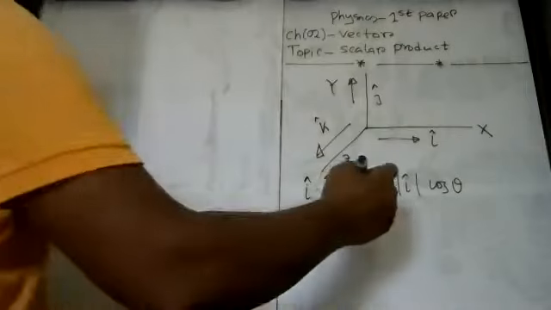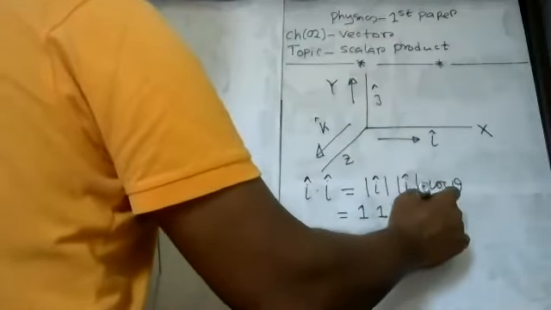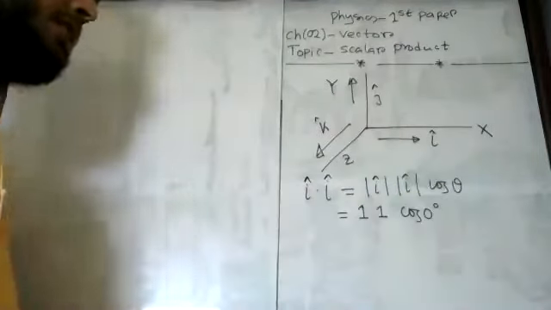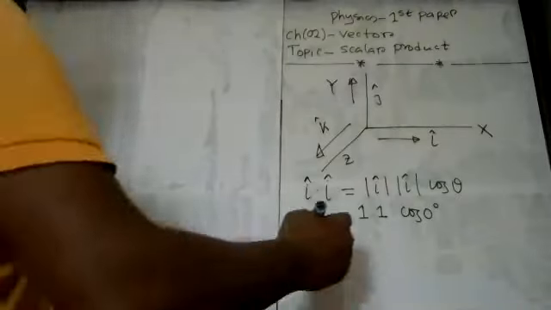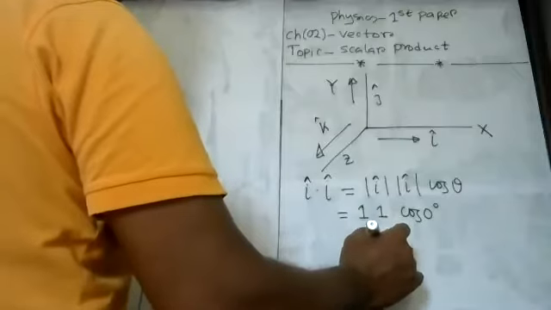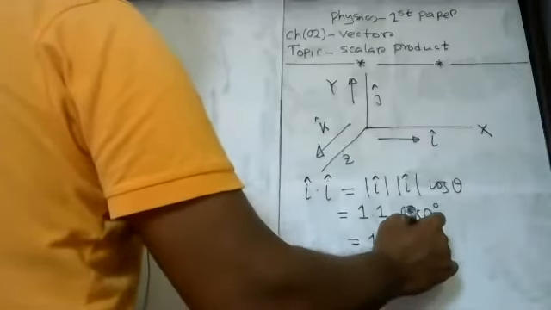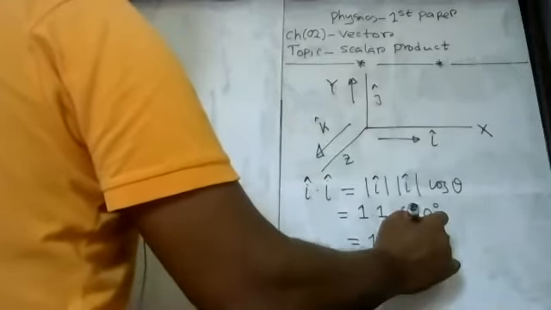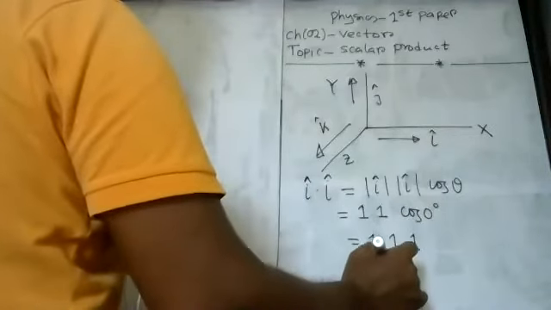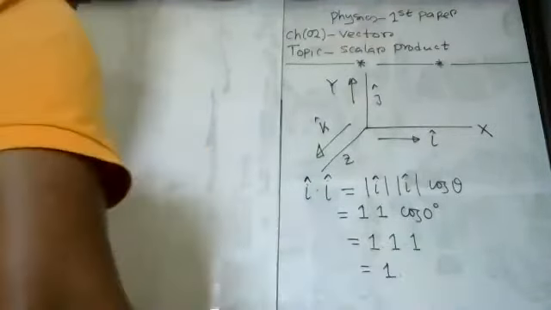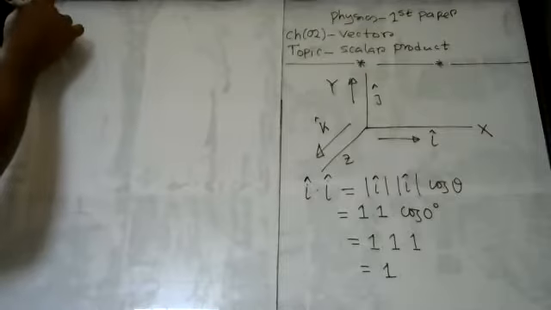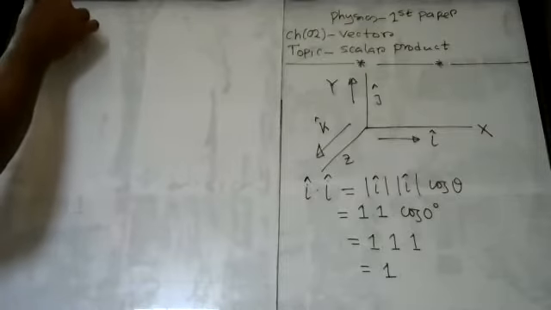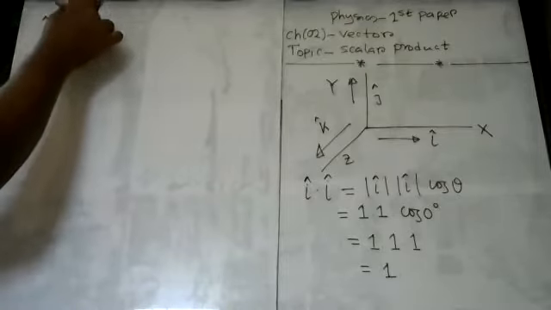It will equal cos 0 degrees, and cos 0 equals 1. So you can write 1 into 1. So i hat dot i hat will equal 1.